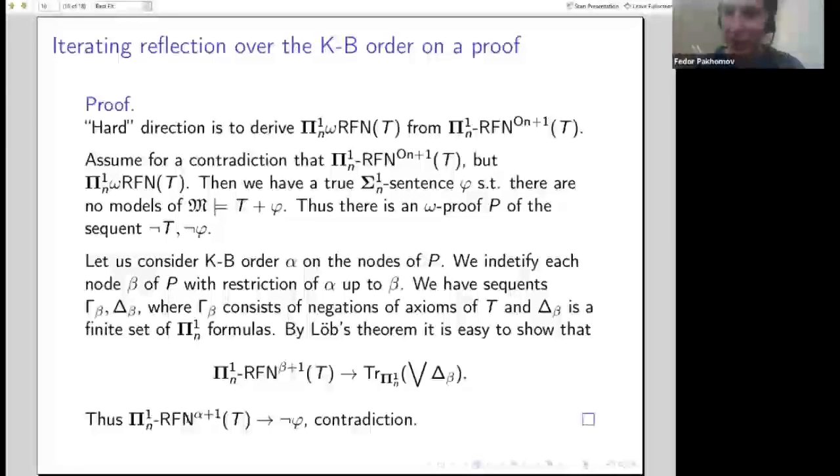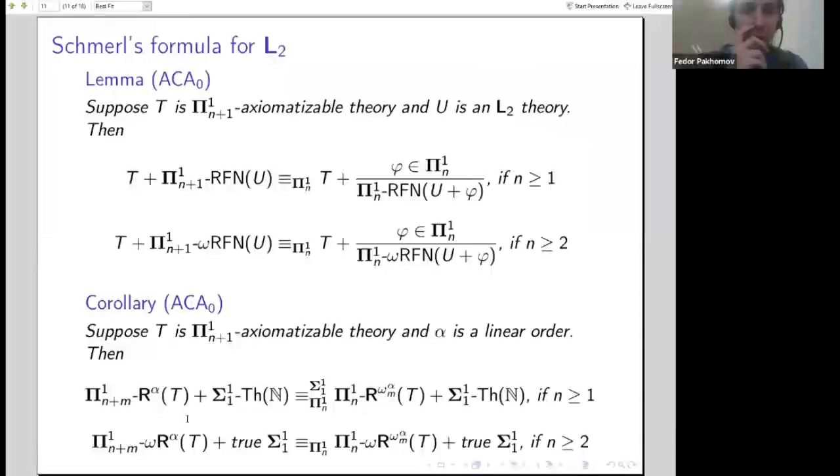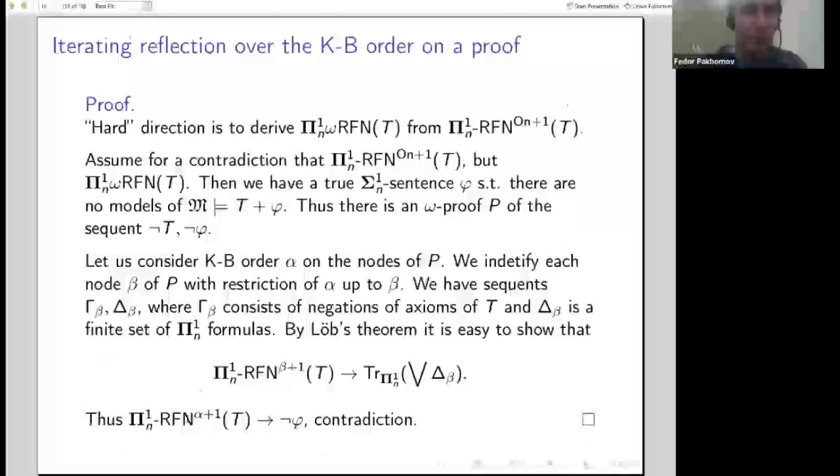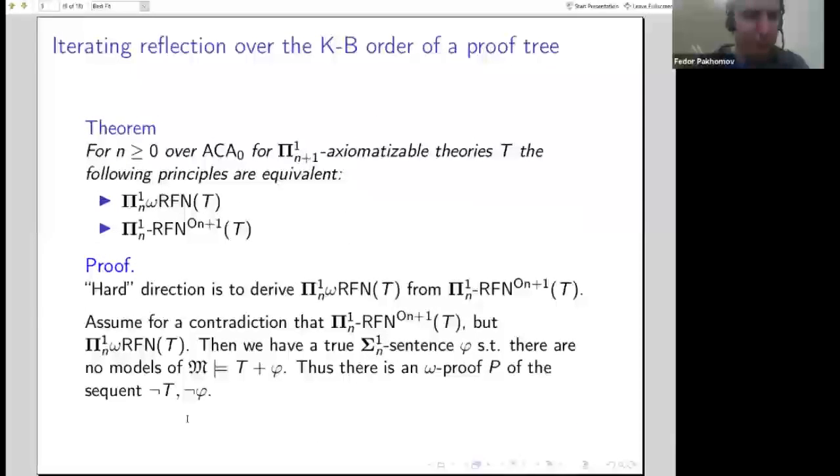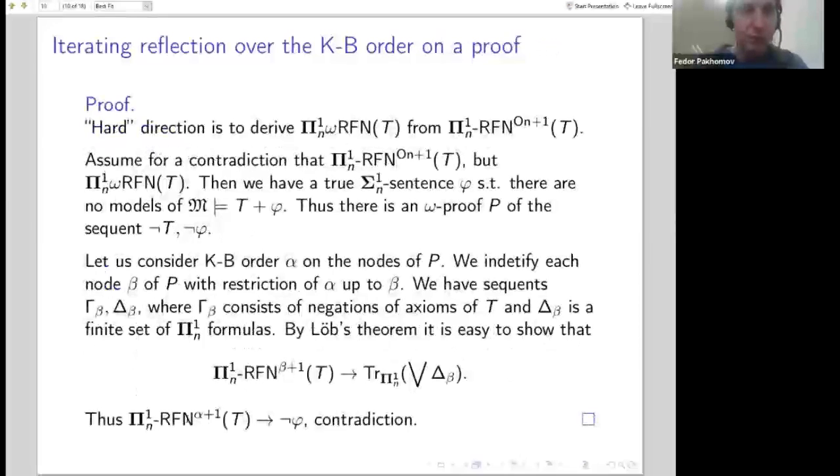So the main point is that we iterate reflection along the Kleene-Brouwer order. Okay, so this is our main technical lemma, which connects omega-model reflection with iteration of usual reflection.